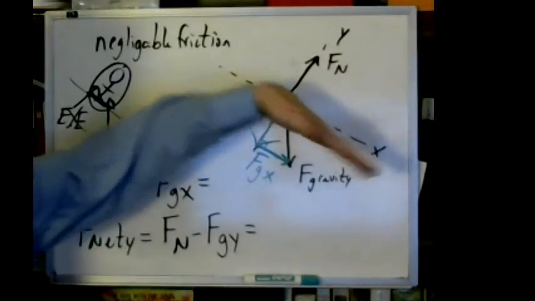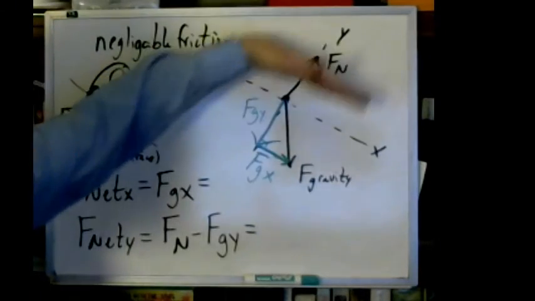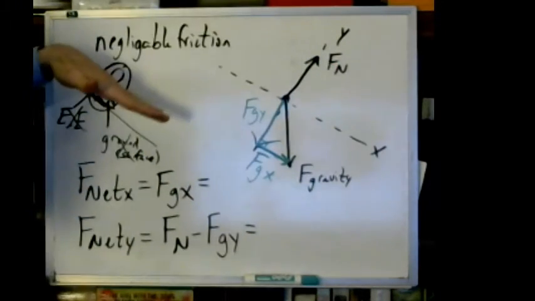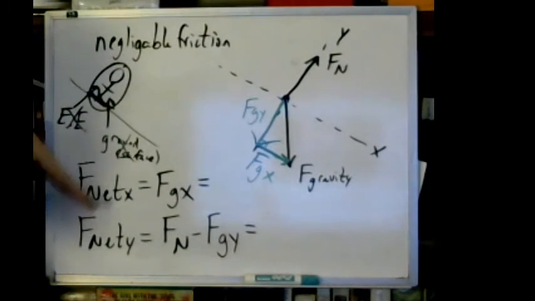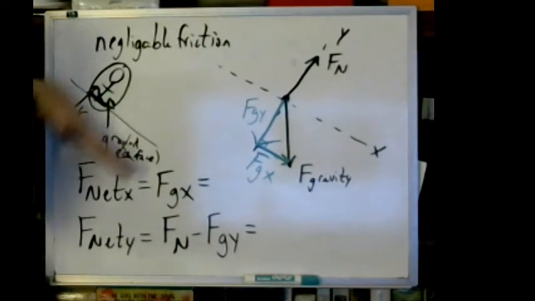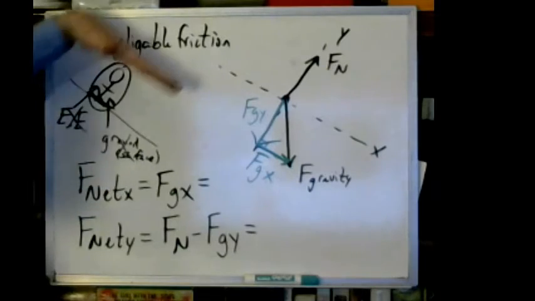In the x direction, we have some acceleration. In the y direction, this way, well, let's look at the skier. Is the skier accelerating up or accelerating down relative to the hill in this plane? No, he's not. There's no acceleration in this axis.